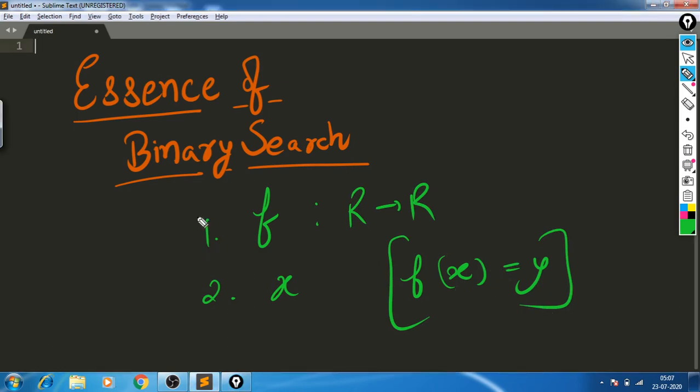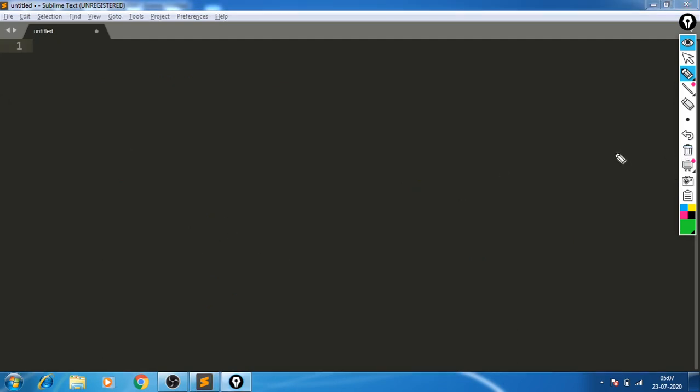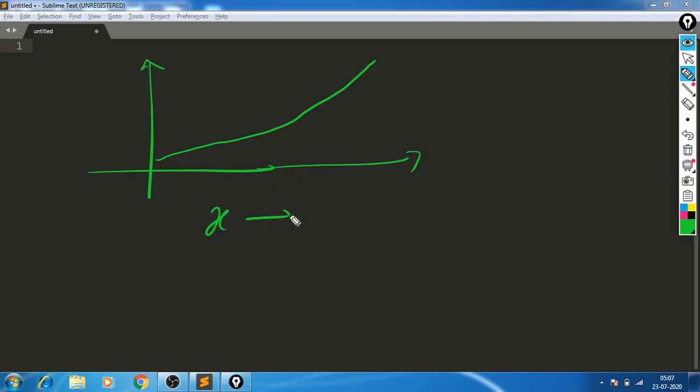Now let us make this problem a little bit more interesting and add another constraint to f. So the graph for f looks something like this. Okay, so this is the graph for f, and the essence of this graph is that as x increases, f of x also increases.